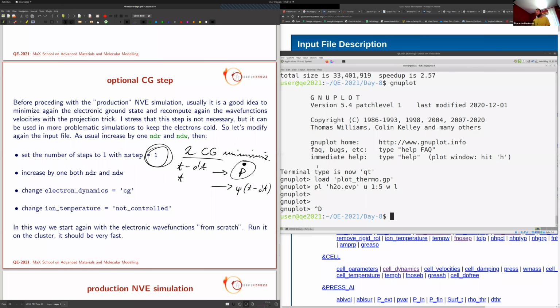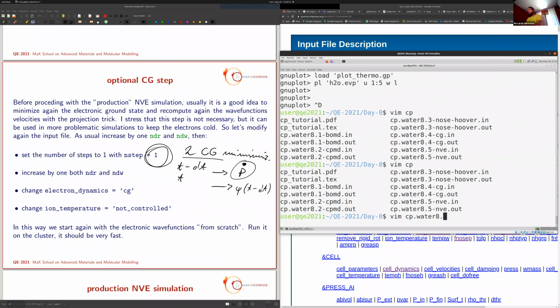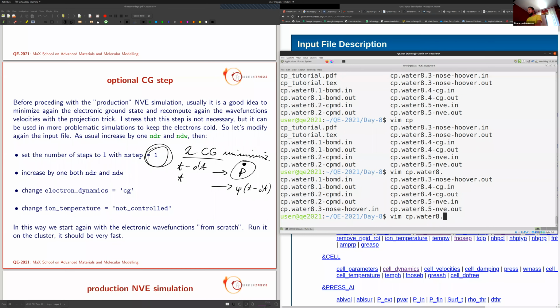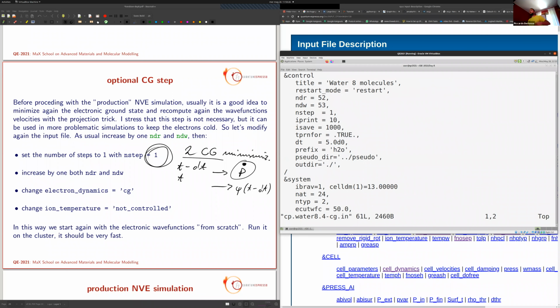So let's see the input file. Water 8.4 conjugate gradient protein. Okay, let's start, model start. As always, I increase by one the number of directory read and directory write.